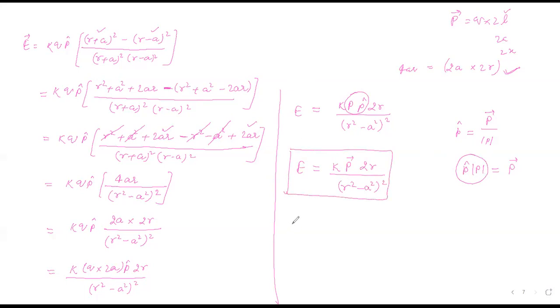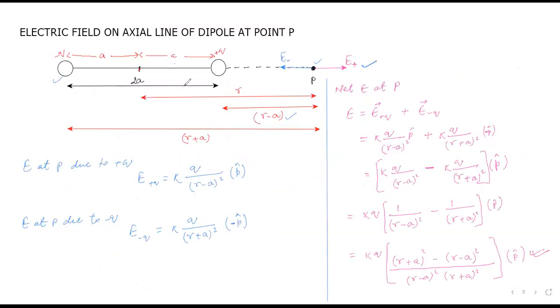But in this equation, one of the most important points to understand is the separation, r square minus a square. Are you clear? To understand this problem, look at this page. The separation is (r square minus a square) whole square, whereas we already know the separation between these two charges of the dipole is infinitesimally small, I mean very, very small.